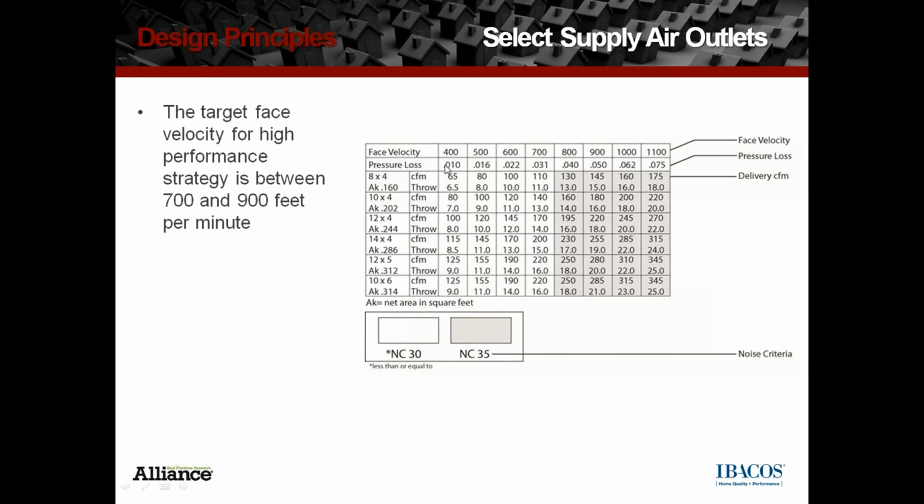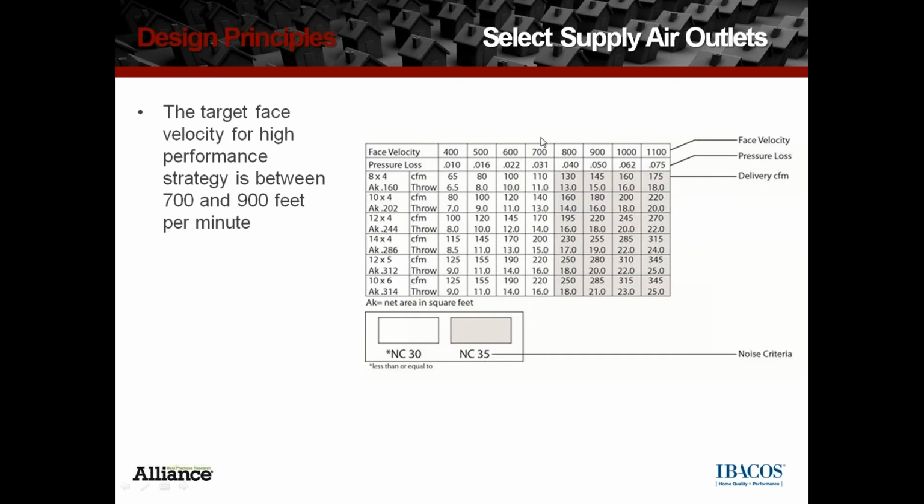Pressure loss is very important. You want to know what the pressure loss is at that so you don't exceed the available pressure in your system. And then noise criteria, 30 to 35 is typical residential noise criteria, and they will tell you on the chart what the noise criteria of that outlet is.